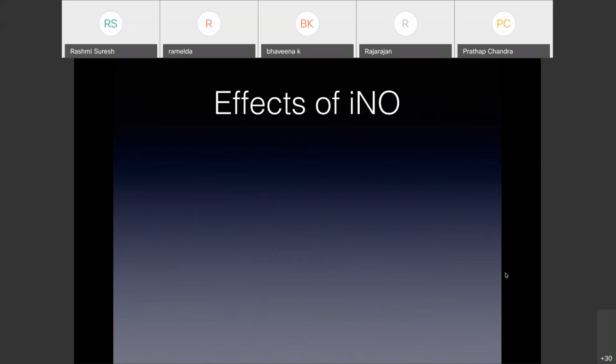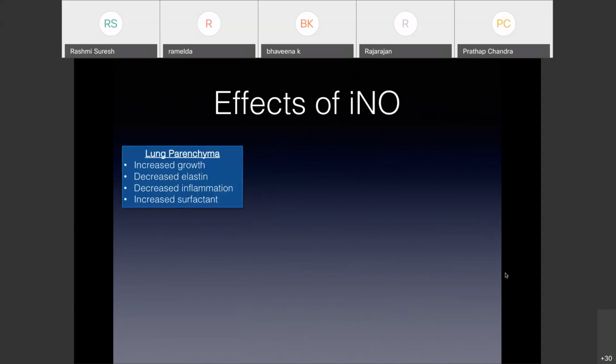So what are the effects of nitric oxide? The effect of nitric oxide can be on the lung parenchyma, where it acts to increase your growth of the lung parenchyma along with increase in the surfactant production. It might also work in the lung parenchyma by decreasing the elastin enzymes as well as reducing the inflammation.